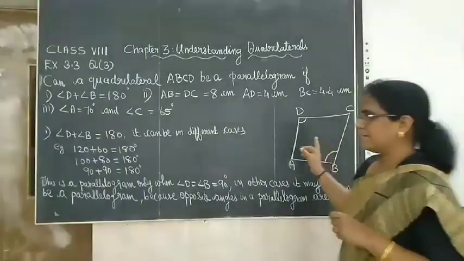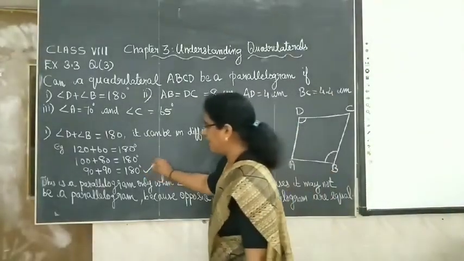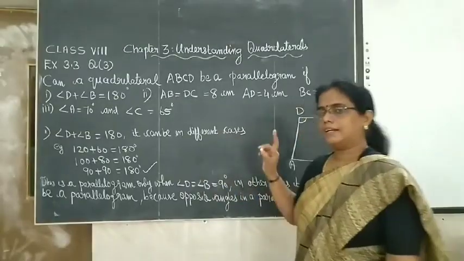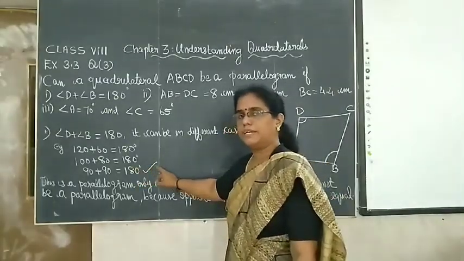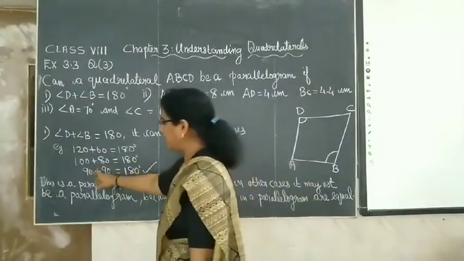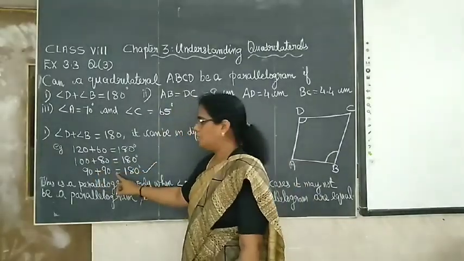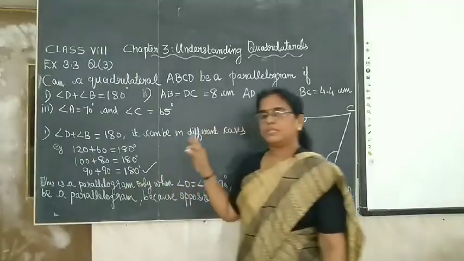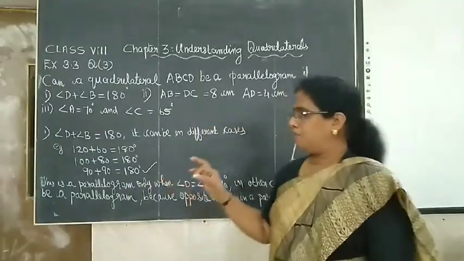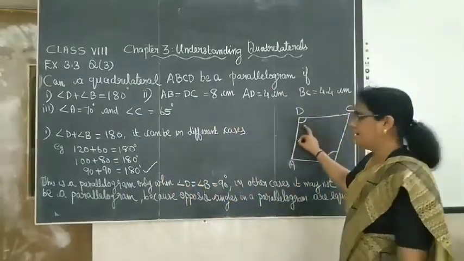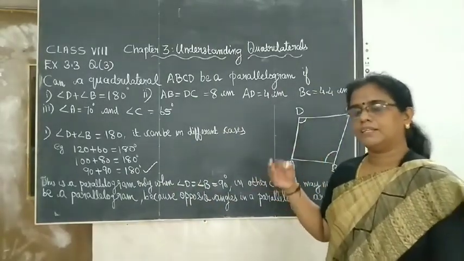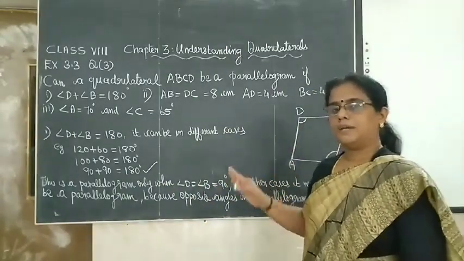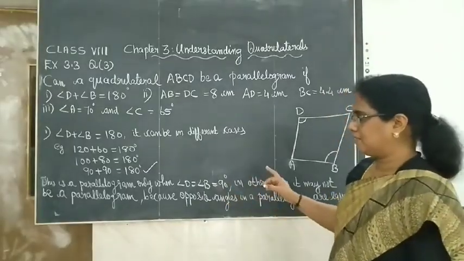So this condition is satisfied only when angle D and angle B are 90. Then also the sum is 180, but both the angles are equal only in this case. So it can be a parallelogram when angle D and angle B are 90 degrees. In other cases, it cannot be a parallelogram. So the answer is like this.